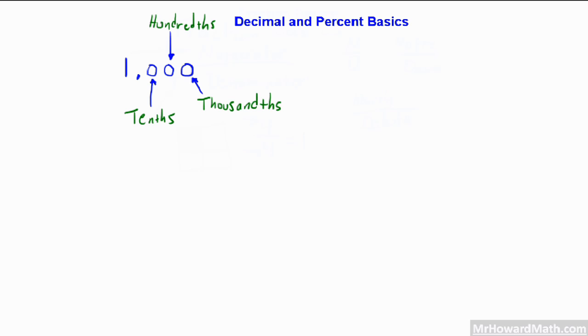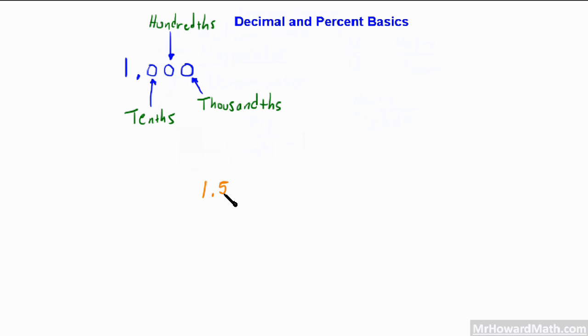Let's just take a number for example. Let's say we had 1.5. So instead of saying 1.5, what I would like you to start saying, so that we can talk in terms of mathematical terms and be more clear, is to say 1 and 5 tenths instead of 1.5.